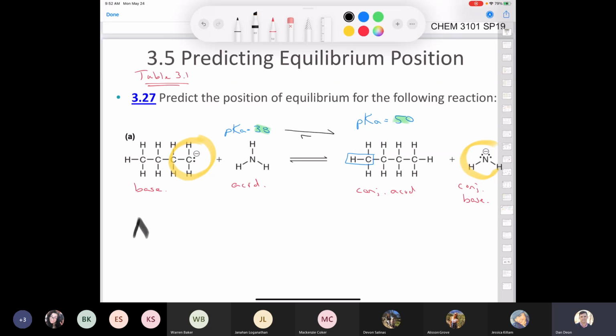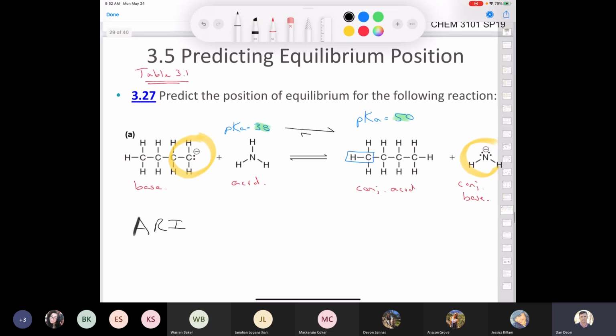If we try to use ARIO, well, we can use atom, can't we? Because the negative charge in the first one is on a carbon, and here the negative charge is on a nitrogen. Well, carbon and nitrogen are both in the same period, aren't they? We have boron, carbon, nitrogen, oxygen, fluorine. And we know that the electronegativity increases as you go across a period.